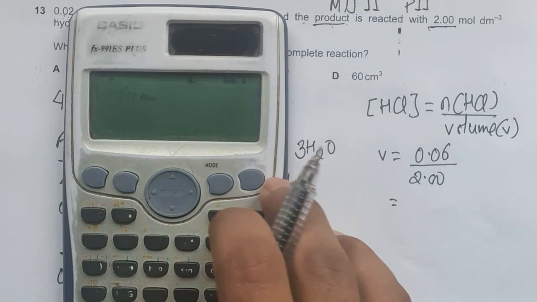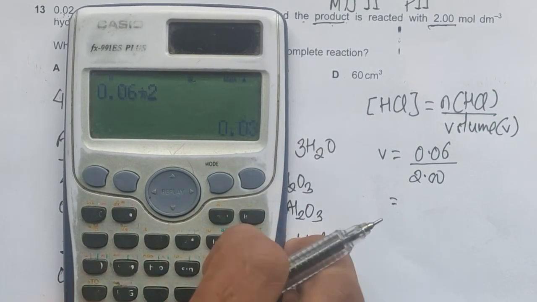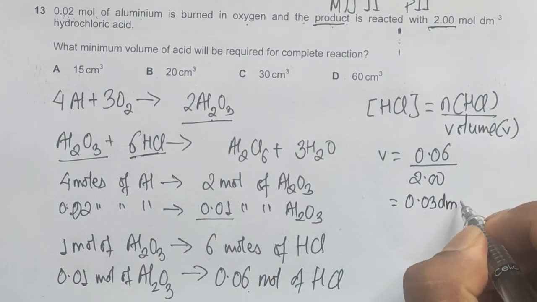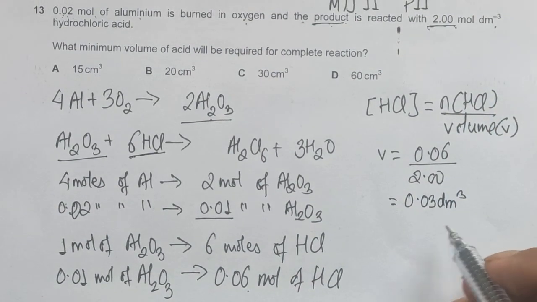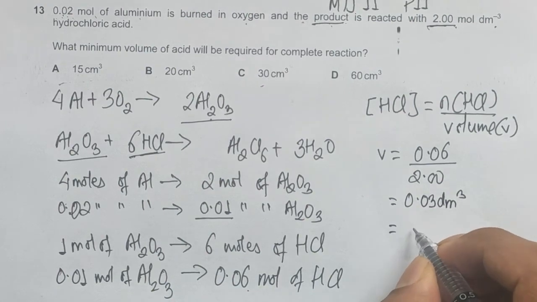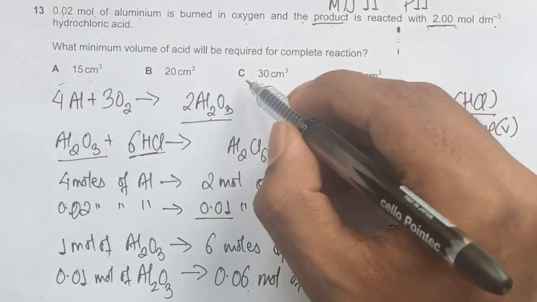Now calculating this, we'll get, divide by 2, it should be 0.03 dm cube. Dm cube, because we have been given concentration in mole per dm cube. So as all the answers are in cm cube, converting this into cm cube, we'll get the volume as 30 cm cubes, making the correct answer C.